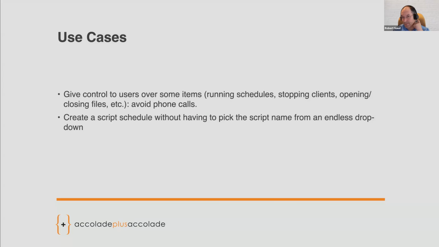Something else would be to quite plainly give control to users over some items like running schedules, stopping clients, opening or closing files. Basically, what I'm saying here is avoiding phone calls. And I've actually used this in one instance where there was a script that was not of my design, but was tied to a schedule, and the schedule every now and then would just hang.